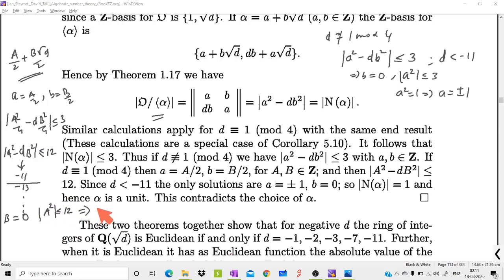This implies A square will be, since modulus A square is the same as A square, 1, 4, 9. These are the only possible squares less than or equal to 12. Then capital A must be plus or minus 1, plus or minus 2, plus or minus 3, and plus or minus 4.